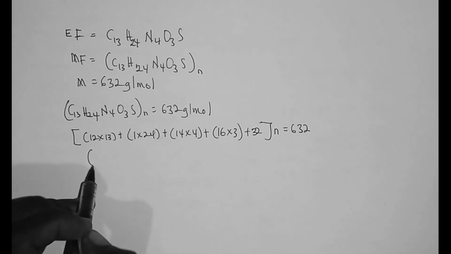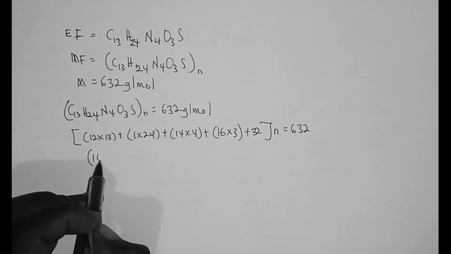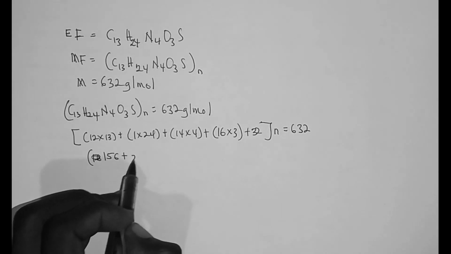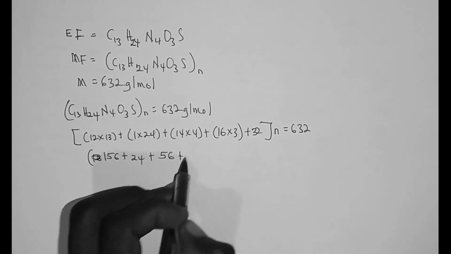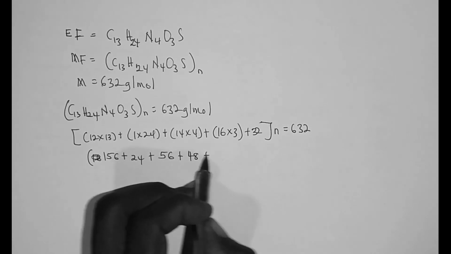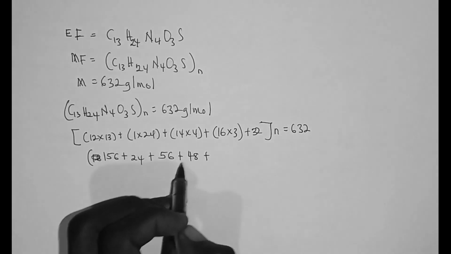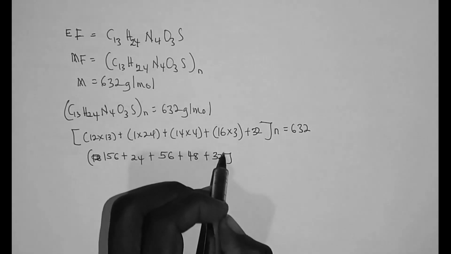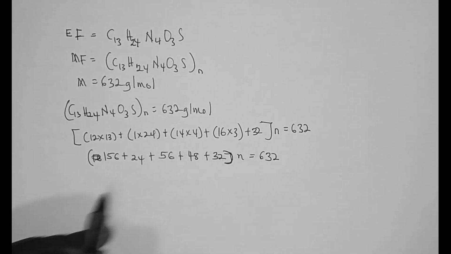So 12 times 13 is 156, plus 24, plus 56, plus 48, since 16 times 3 is 48, then plus 32, times n is equal to 632.